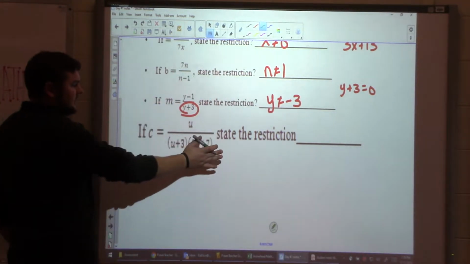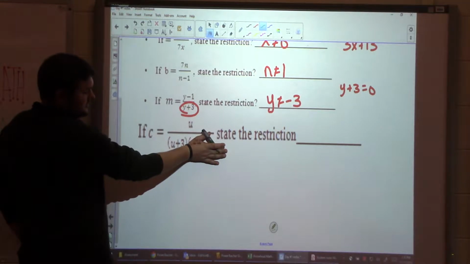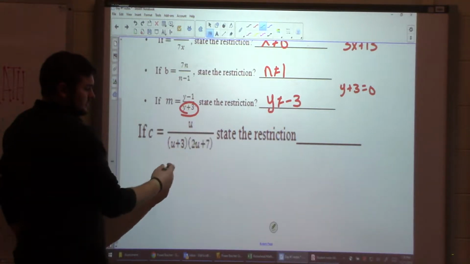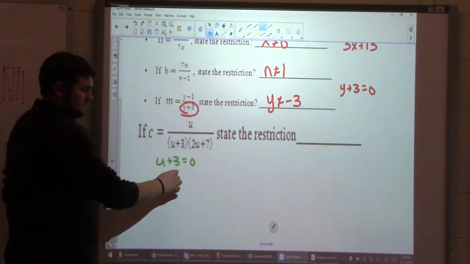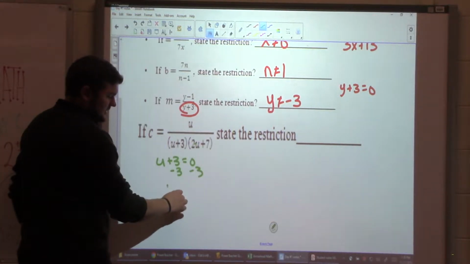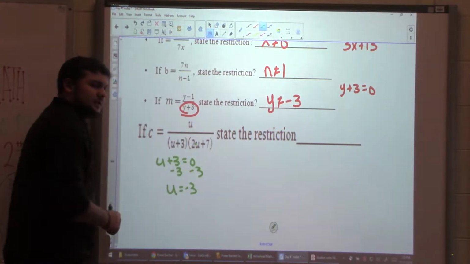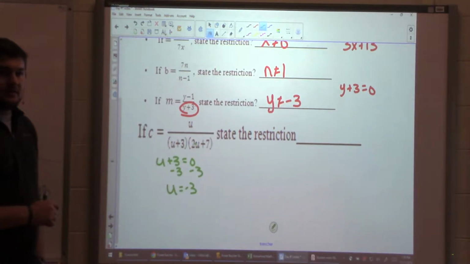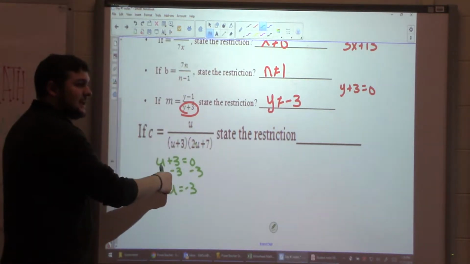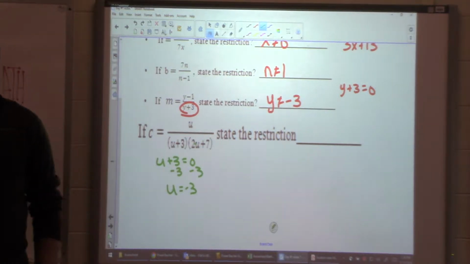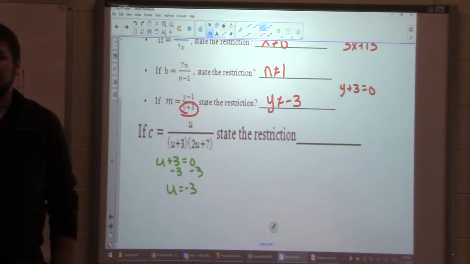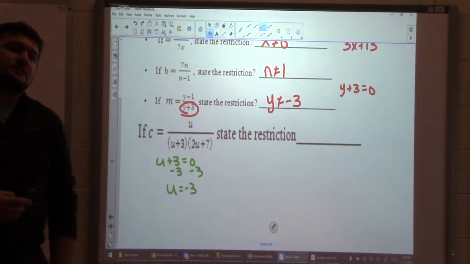If I cover this side up, and I look at just u plus 3, if I set that equal to 0 and subtract 3, negative 3 would make that equal 0, right? But can I say that that's a restriction? Some people are saying yes, some are saying no. Who says yes? Elijah, why do you say yes?